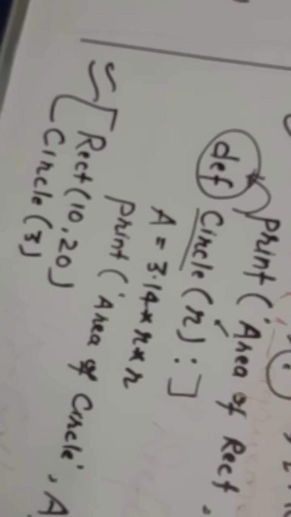See here, in this simple code, if we execute it, then all the lines will be executed one by one. Means if we wish not to print the area of the rectangle, then also the area of the rectangle will be printed.